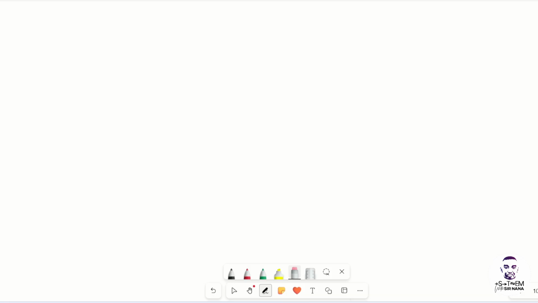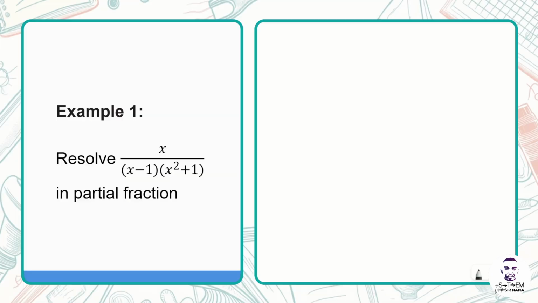The question given to us is that we must resolve the rational expression x all over x minus 1, s squared plus 1, into a partial fraction.